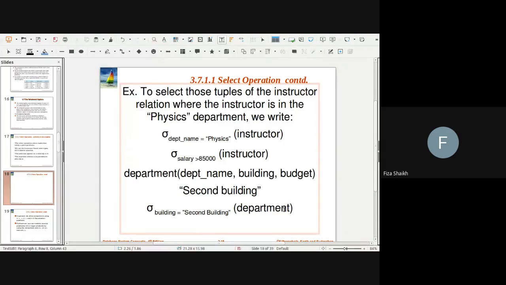Ma'am, this is the last example I heard, but from the department relation onwards it is gone on my side. Okay. Let me check through the machine.